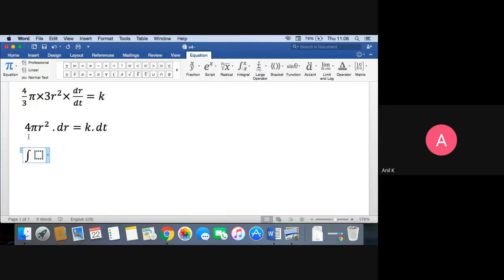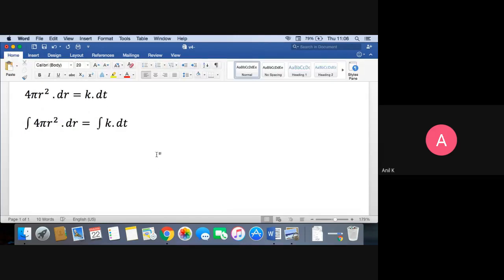If I put the integral here, you will get the integral of 4 pi r square dr is equal to the integral of k dt.